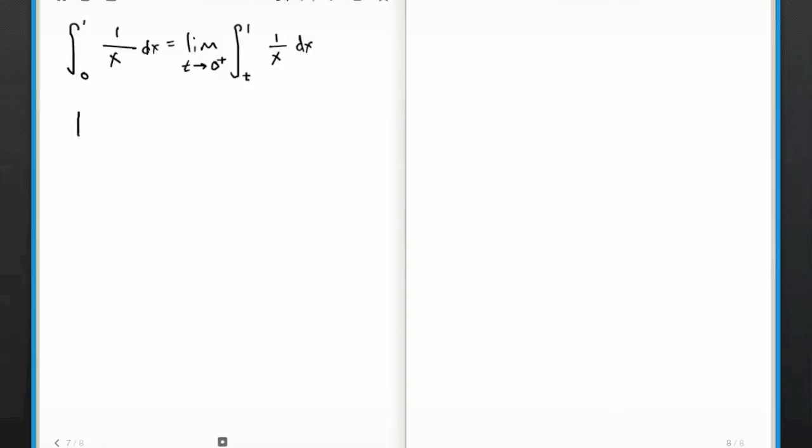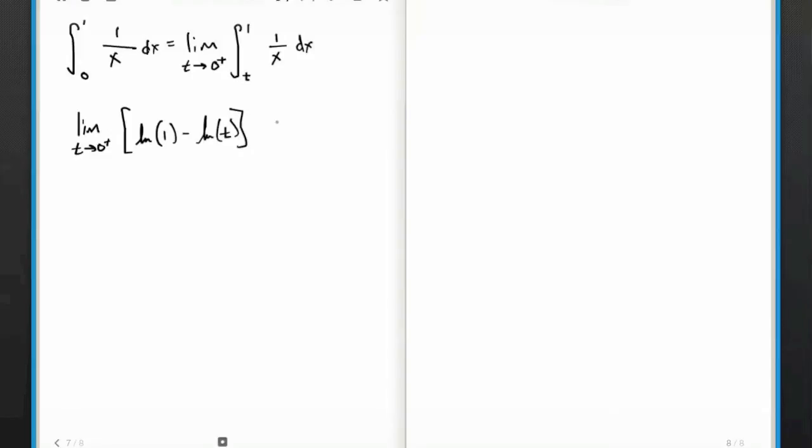So this becomes the limit as t approaches 0 from the right of the natural log of 1 minus the natural log of t.